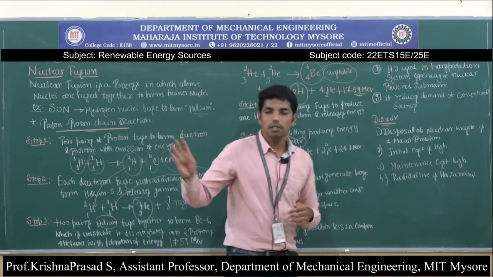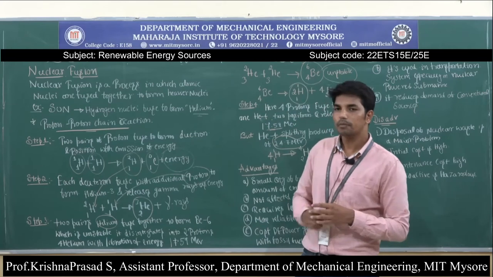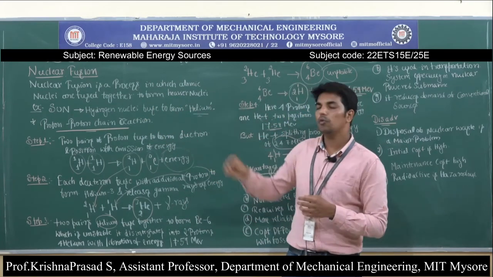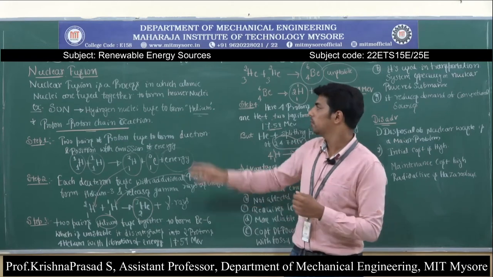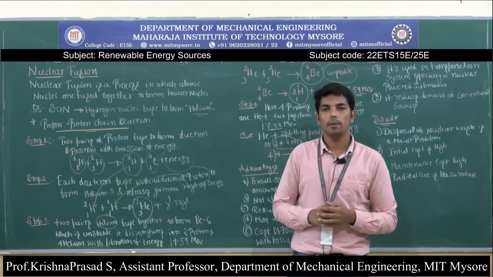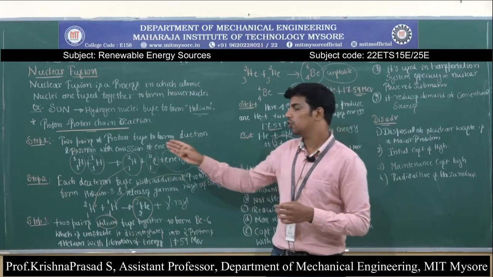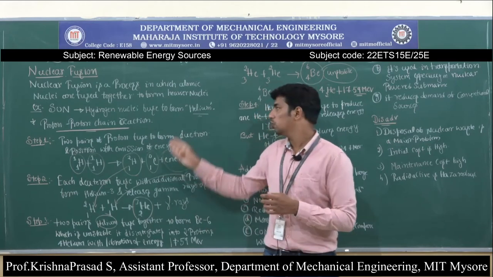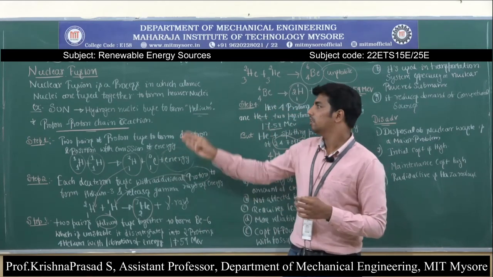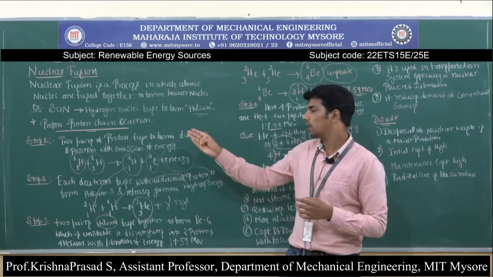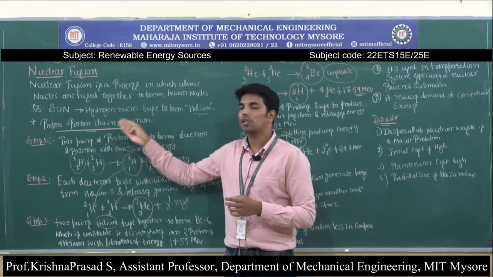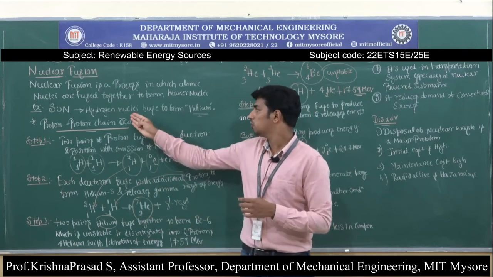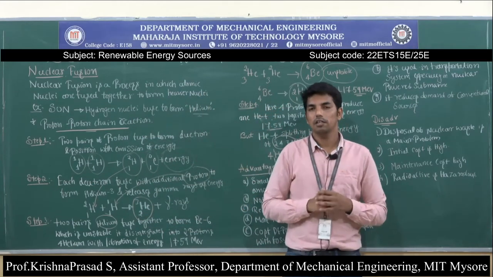Okay, I repeat, what is meant by nuclear fusion? Nuclear fusion is a process in which atomic nuclei are fused together to form heavier nuclei. For example, the sun. Inside the sun, usually hydrogen nuclei are fused together to form helium. And the nuclear fusion reaction there is the proton-proton chain reaction. The conversion of hydrogen nuclei into helium happens in steps.